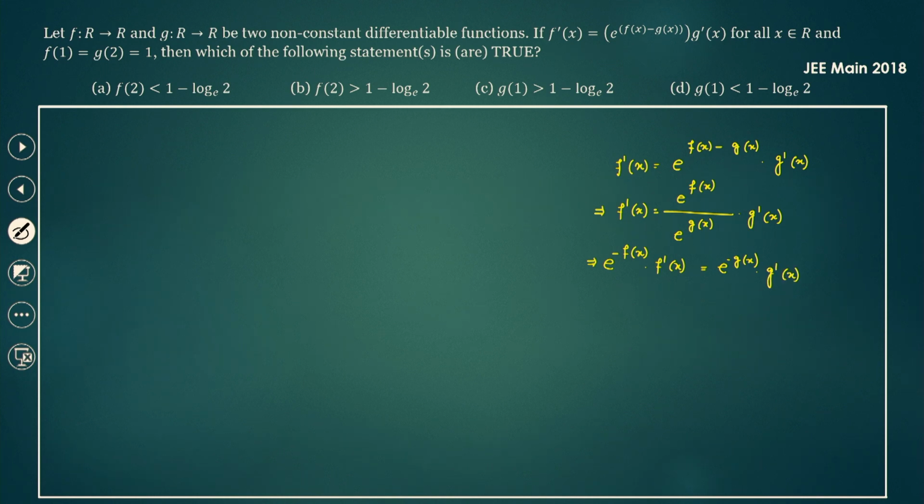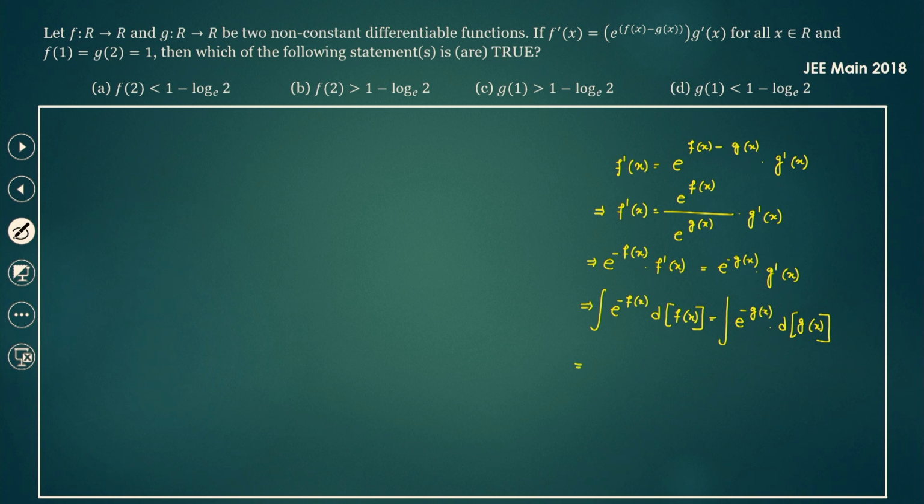Now, we can easily write this as e to the power minus f(x) d of f(x), because d of f(x) is f dash x dx, which is equal to e to the power minus g(x) into d of g(x). So now this can be easily integrated.